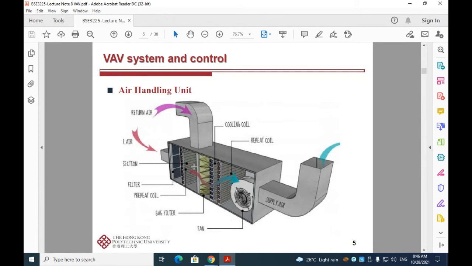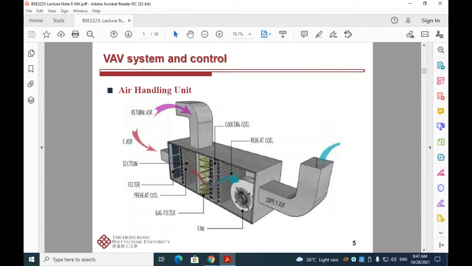When it is mixed with the return air, it will go through a preheat coil, which will work in winter. And then it goes through another filter, and the air is further cleaned.